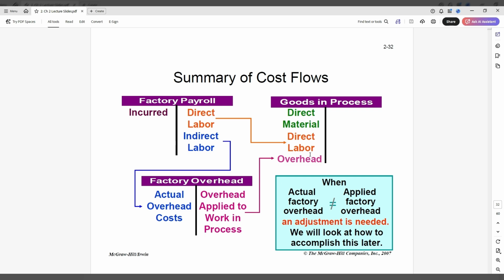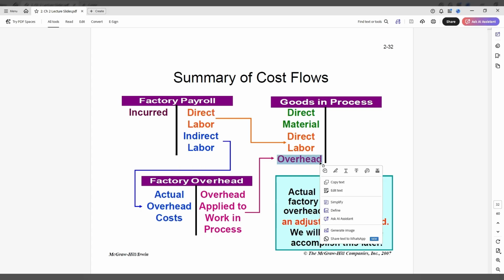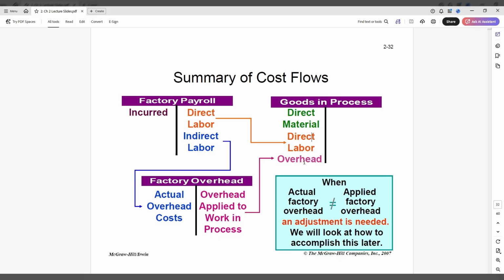And then when we are putting that allocated overhead, that 160% of direct labor, we're going to put the debit to the WIP. That's adding into the value of the product there in WIP, but it's not based on the actual cost paid. It's just that estimated percentage of direct labor, 160%, right? And so that goes on the credit side.